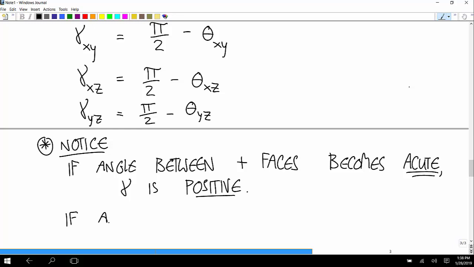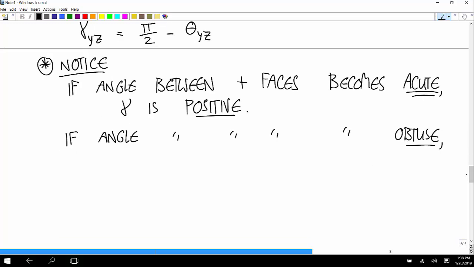And if the angle between the positive faces becomes obtuse, then it's a negative value. And again, we saw that the normal strains came out to be unitless. Angles and radians are also unitless, and so the same units hold here too.